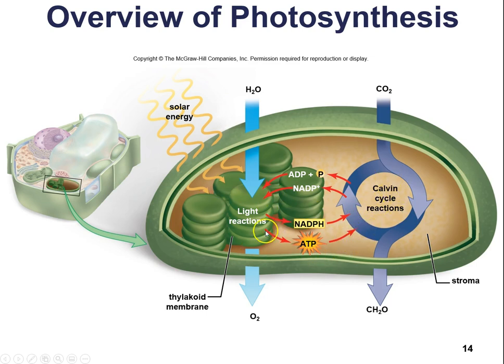It comes from the light reactions. So NADPH and ATP go into these Calvin cycle reactions to drive them to make carbohydrates. We'll talk more about this, but this can then be converted into glucose. So this is carbohydrate. Where is it taking place? In the stroma. Where are the light reactions taking place? In the thylakoid membrane.